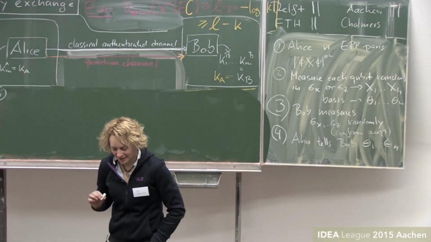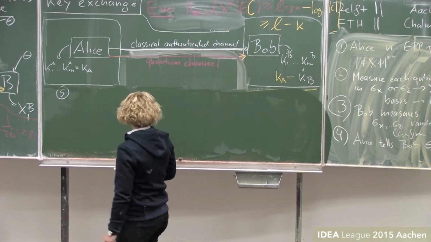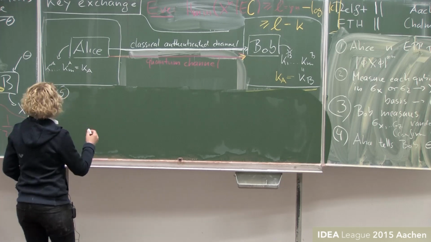Now Bob can tell Alice where he measured in the right basis. Okay, so very good. So Bob is going to tell Alice when he measured in the right basis.